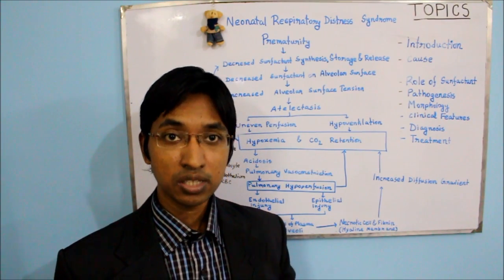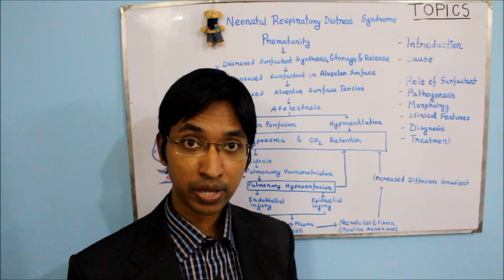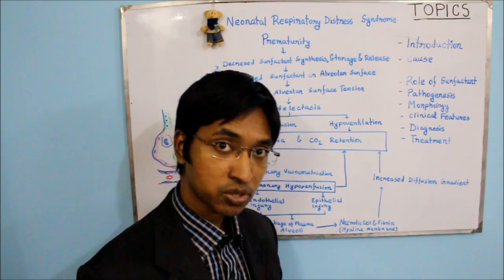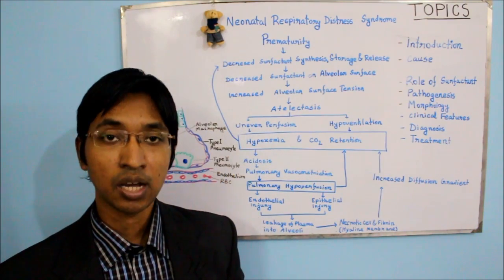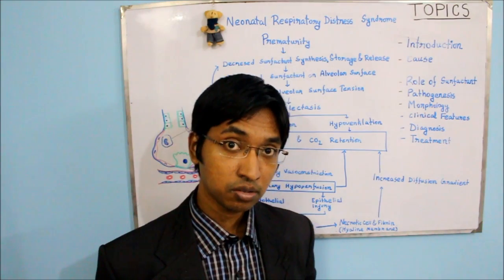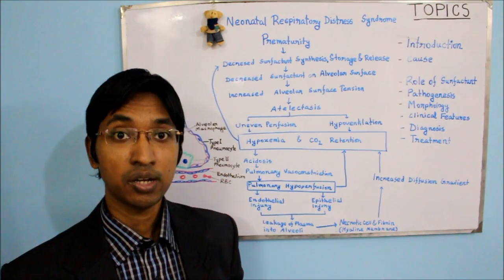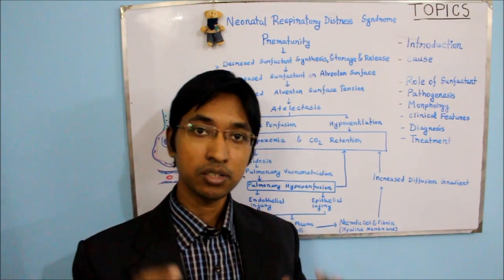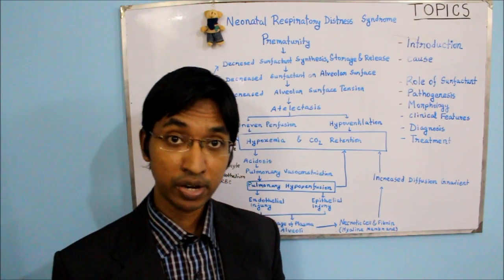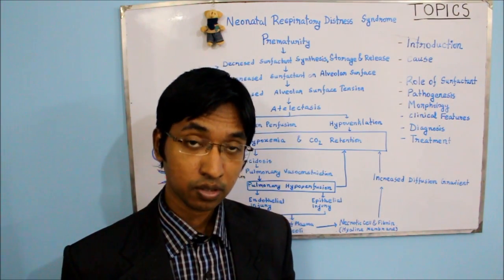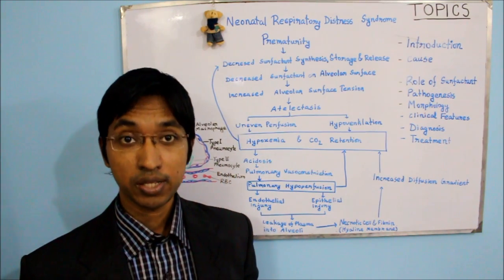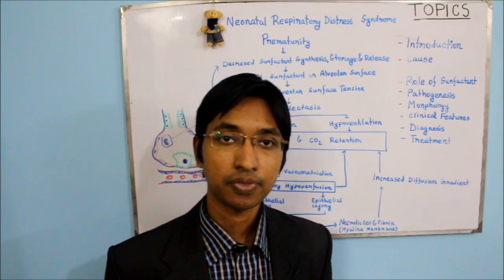Subsequently, during the next hypoxic phase, when the therapy is stopped and the baby is in a relatively hypoxic condition, the vascular endothelial growth factor will again rebound, and that will result in rapid proliferation of the vasculature, and that will result in retinopathy of prematurity.